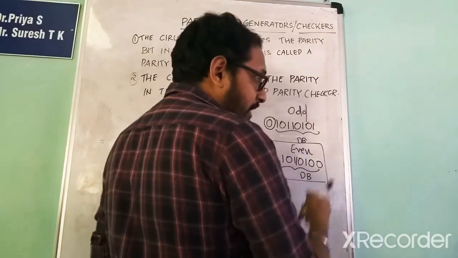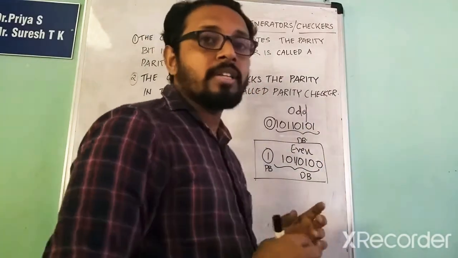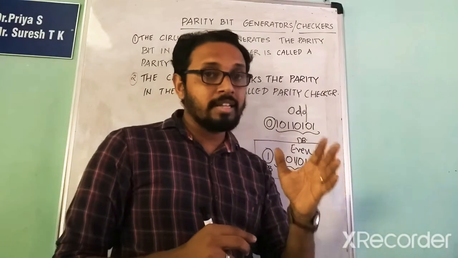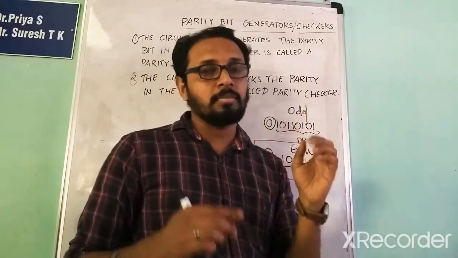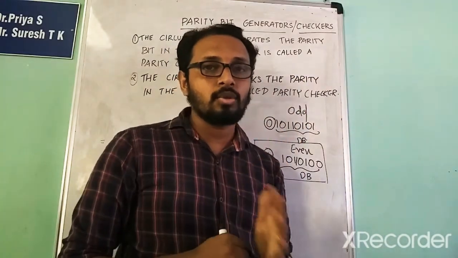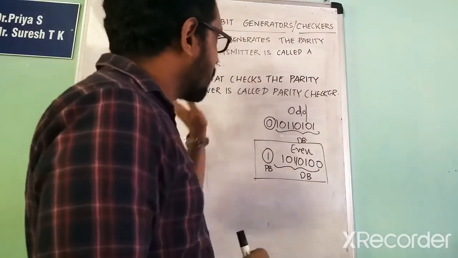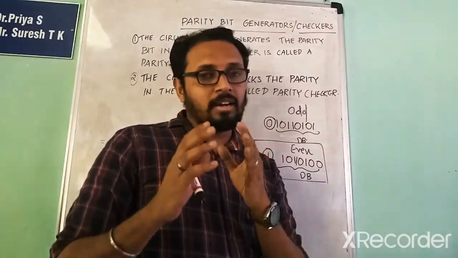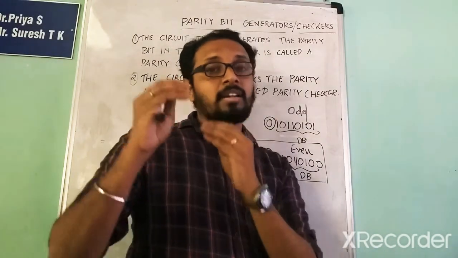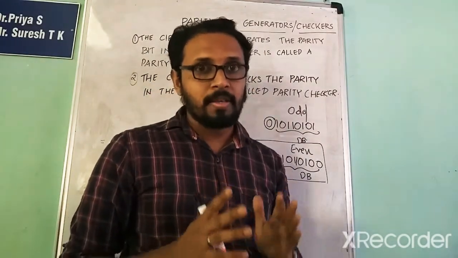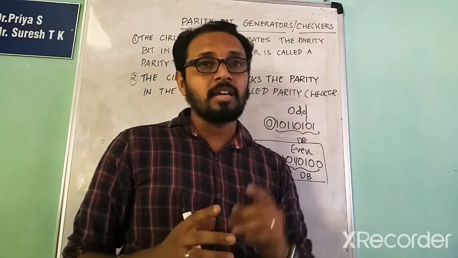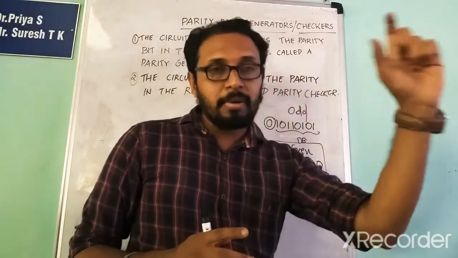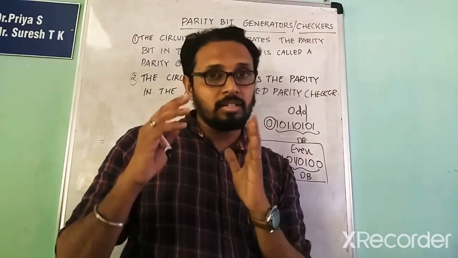But it should be even parity, right? So they understand that there is an error in the received bits, and they will inform the sender that an error has been detected.